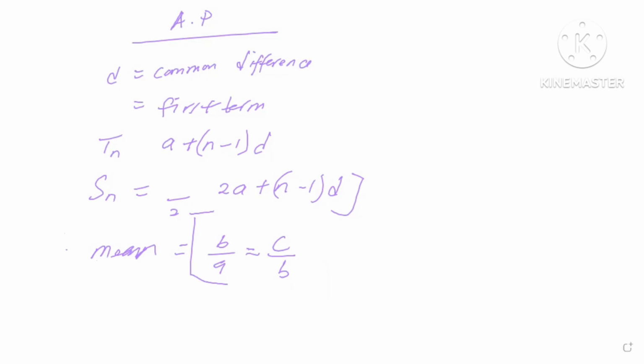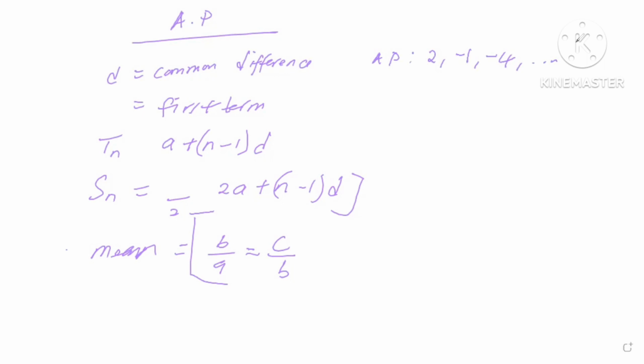So we have an AP of the form: the first term is 2, then the second is -1, the third one is -4, and so on. The numbers will keep on reducing since this is the sequence.